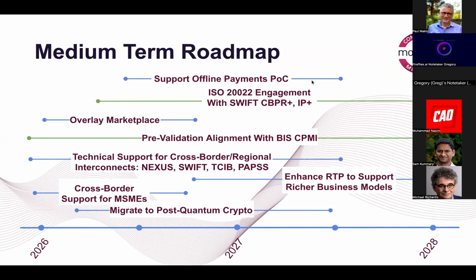So supporting offline payments, ISO 20022 engagement, and building an overlay marketplace, pre-validation alignment with BIS, CPMI, technical support for cross-border interconnects, enhancing RTP to support richer business models, cross-border support for micro merchants, and a migration to post-quantum crypto. They are the key elements of this medium-term roadmap.